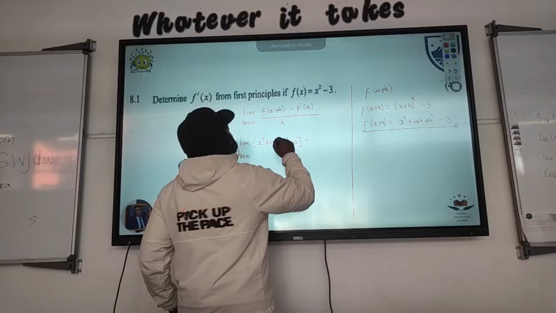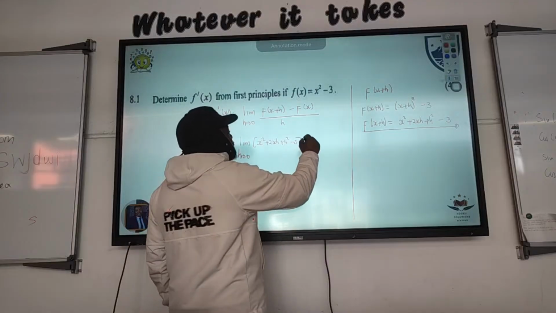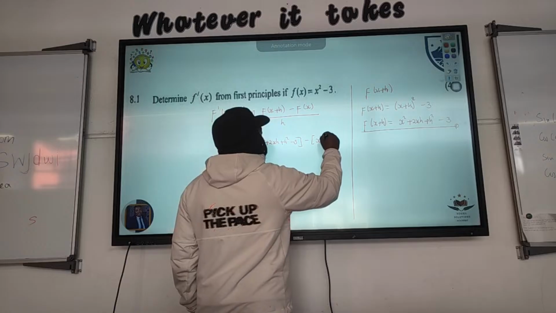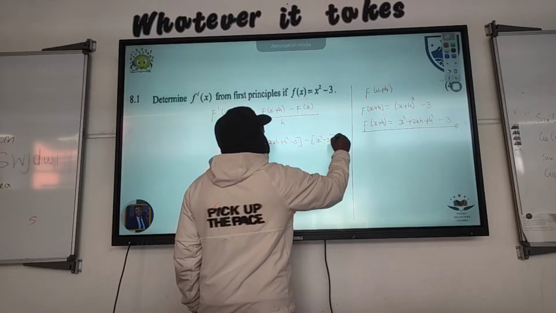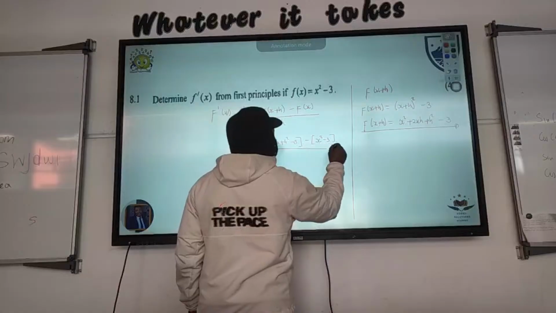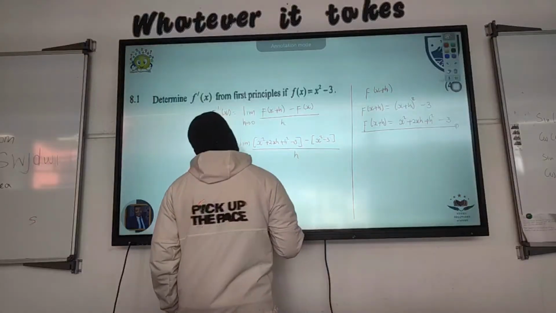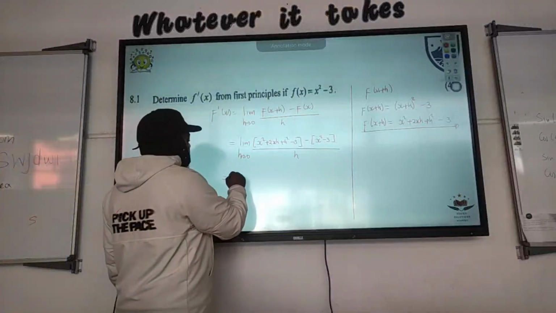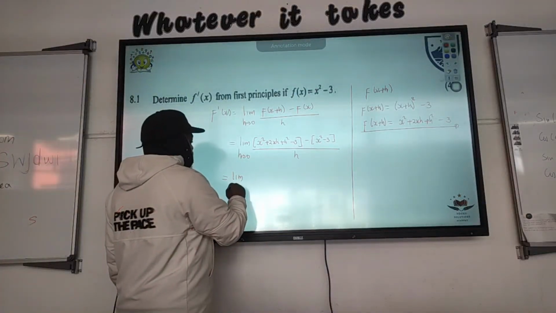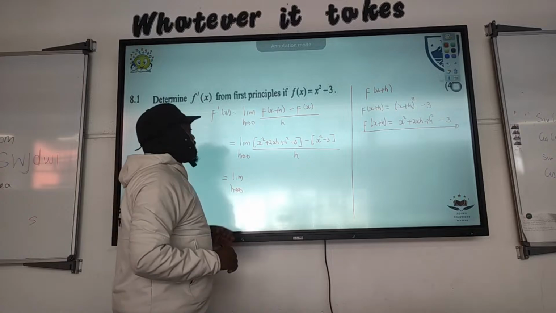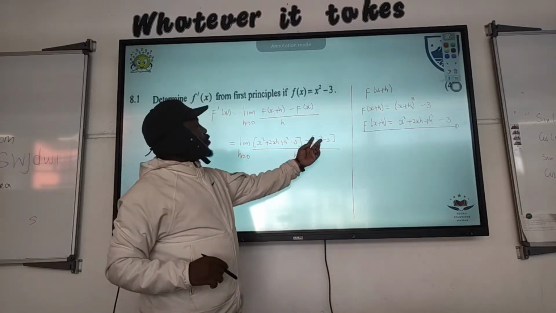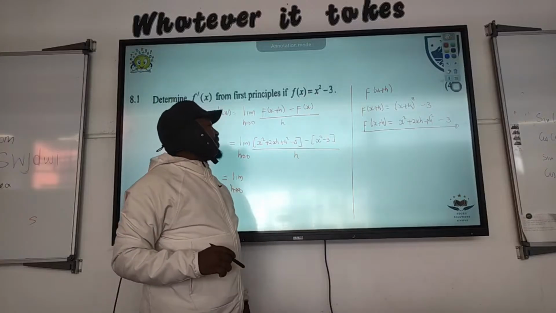And then f at x, what was given to us, also put it in brackets, just to be on the safe side. Doing this will avoid making mistakes, especially with the signs, or substituting f at x plus h and forgetting to put in f at x.